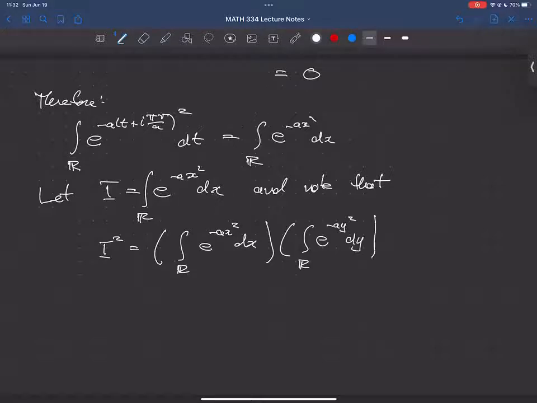And then I'm going to combine these integrals by Fubini's theorem.